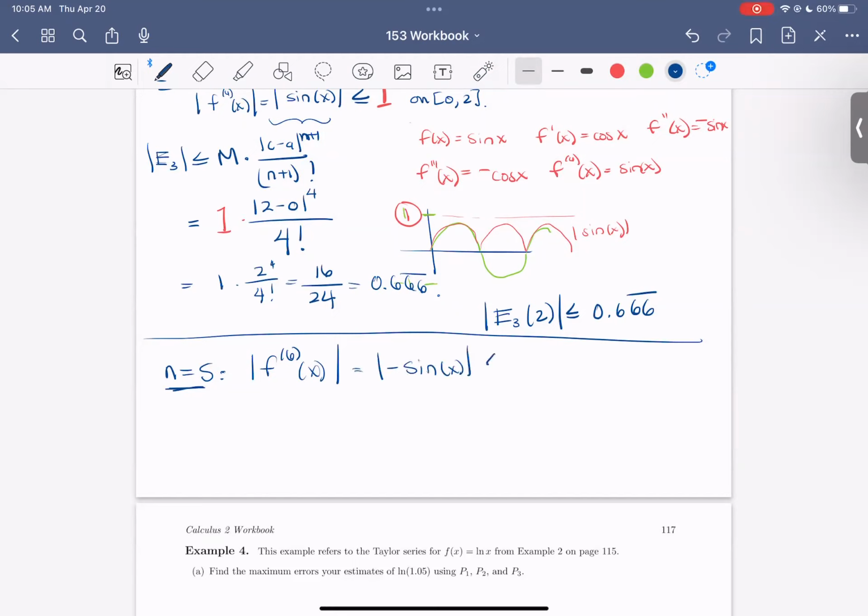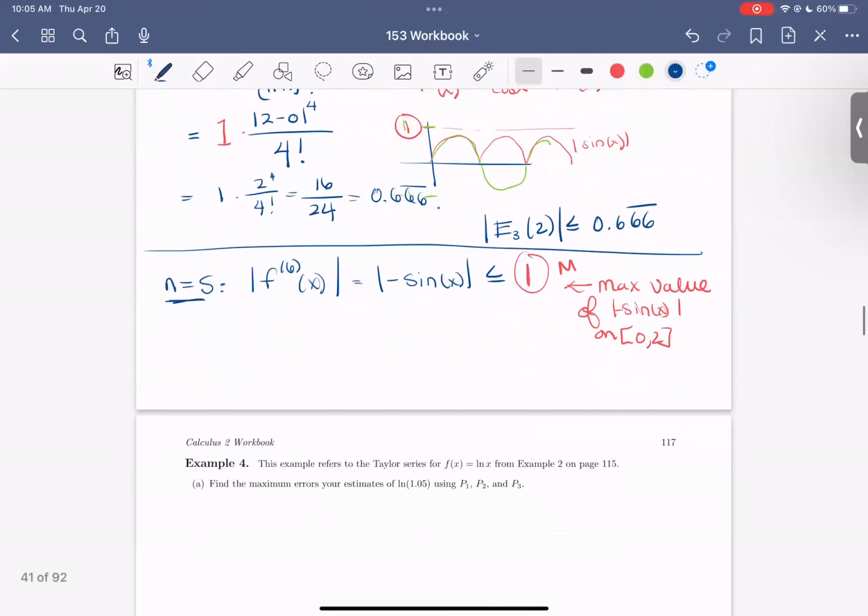We need to determine an M that's a maximum for this function on the interval from 0 to 2. We see that again is going to be 1. So this is the max value of negative sine of x on the interval from 0 to 2. So let's go ahead and compute that error estimate, or maximum error.